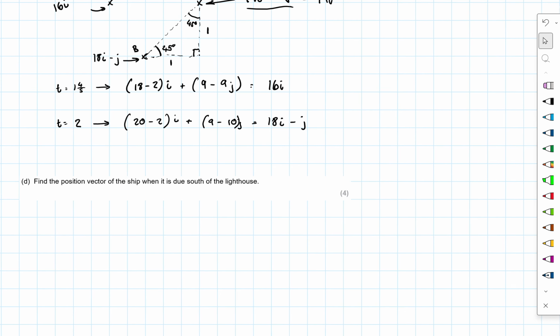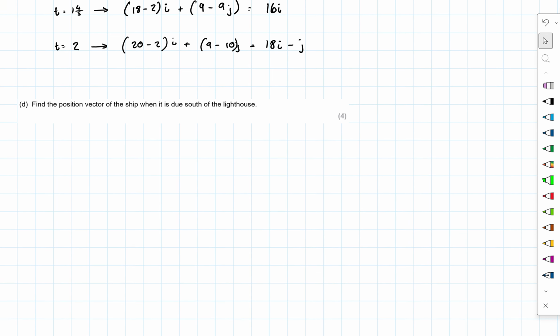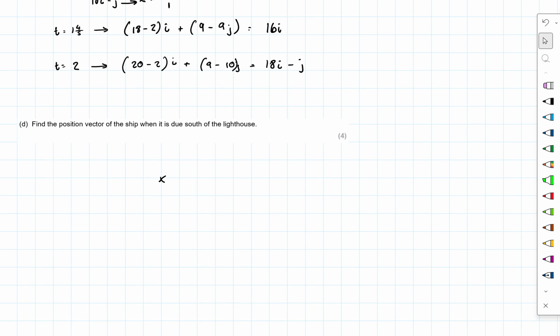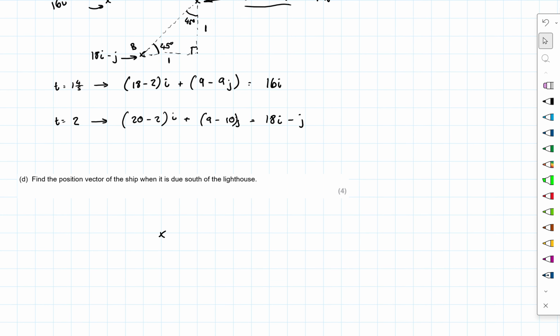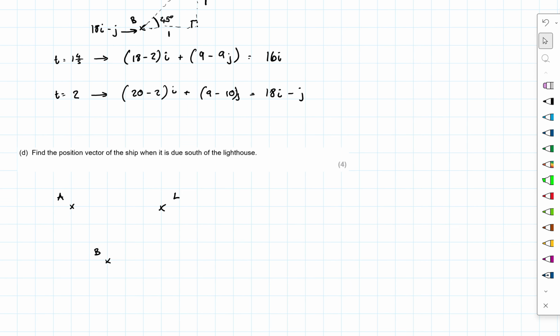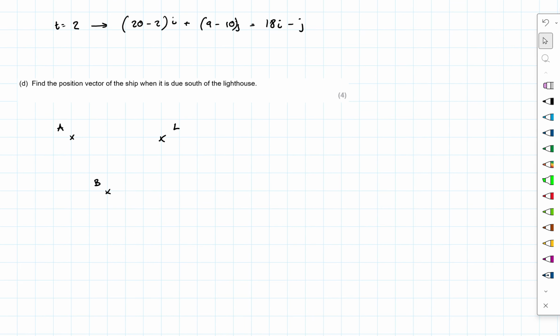Now, find the position vector of the ship when it is due south of the lighthouse. Now, I saw some interesting diagrams for attempts at this question. Let me just copy what I did here. This is A, this is B. Right. When it is due south of the lighthouse is going to be some point here, right?